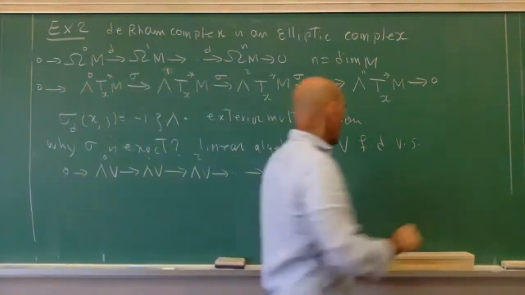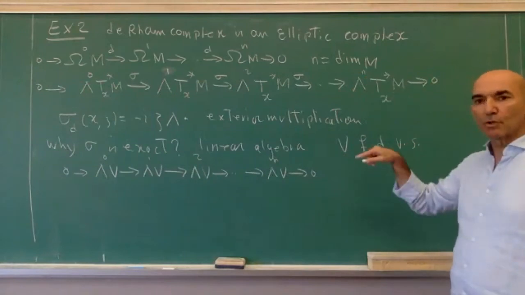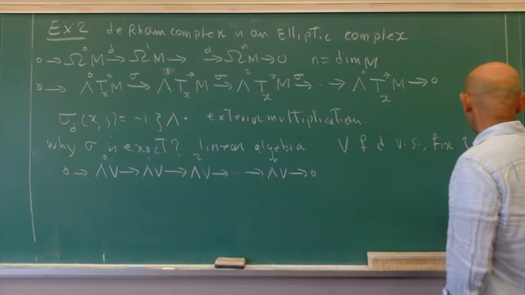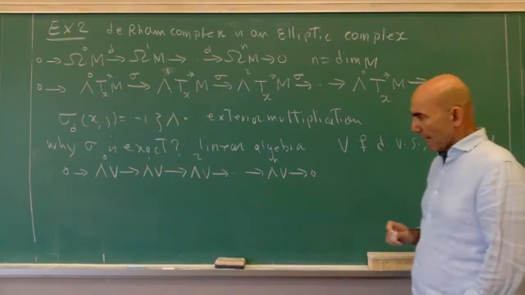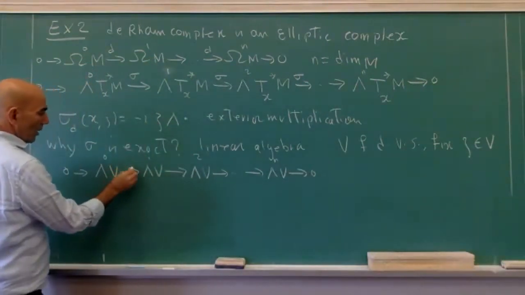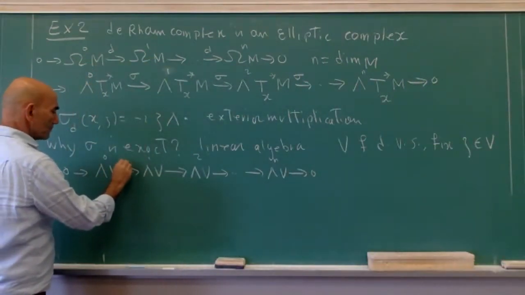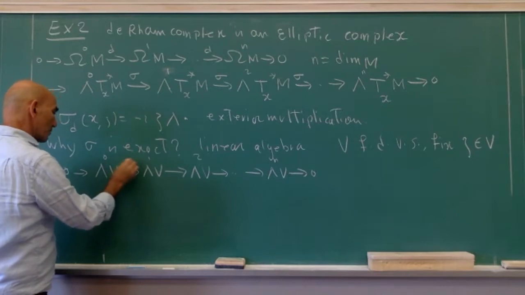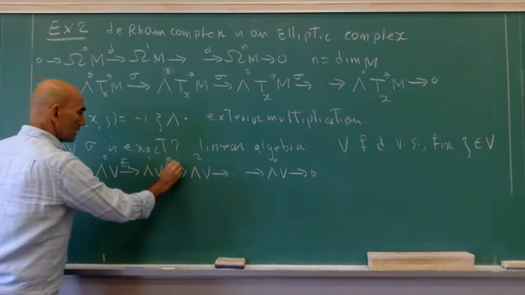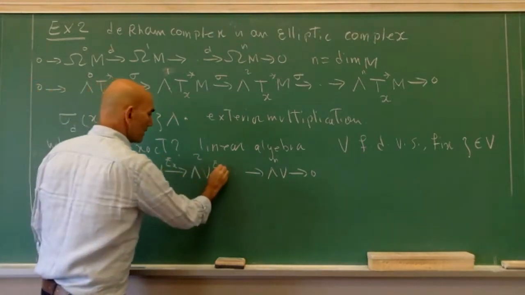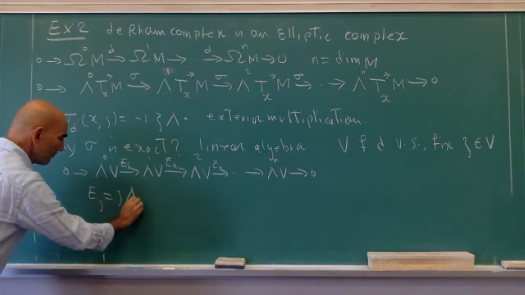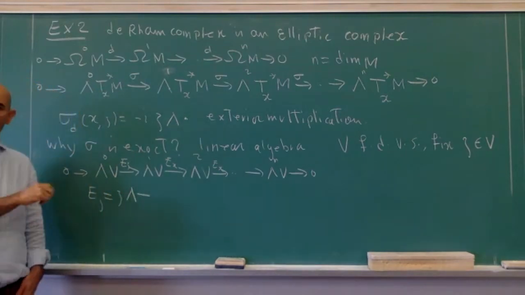And we are going to, like here, fix a vector in V. Fix c in V. Then you can define, as in this case, an operator which I still call exterior multiplication, so I denote it by X_c, X_c(ω) = c wedge ω. Still the same operation, exterior multiplication, right?